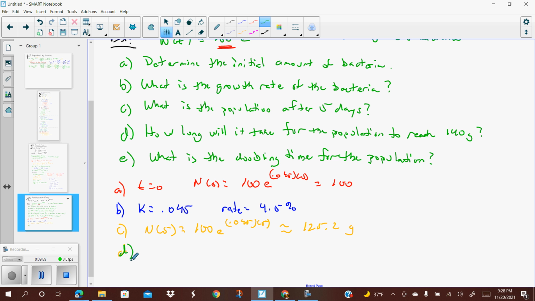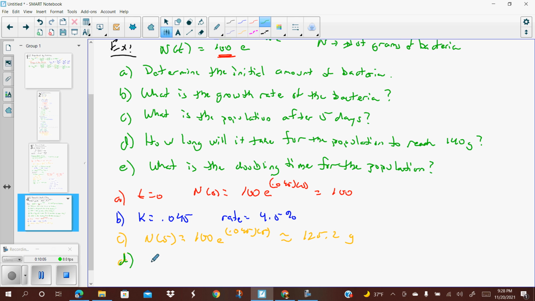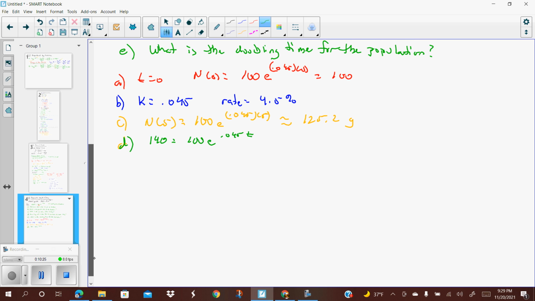So the 140 is going to go in for the N of t. So it's going to be 140 equals 100 e to the 0.045t, because I don't know what t is. That's what we're solving for. But we do know we want the new population to be 140. So, got to do a little bit of work.